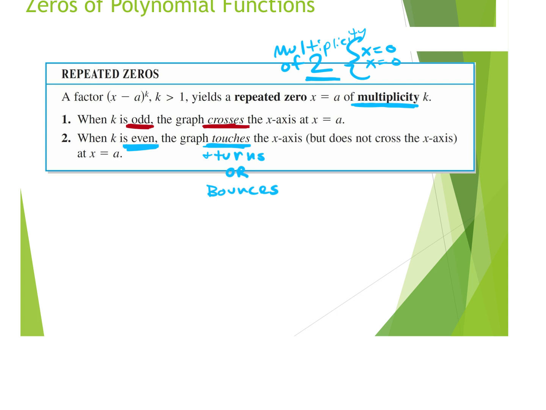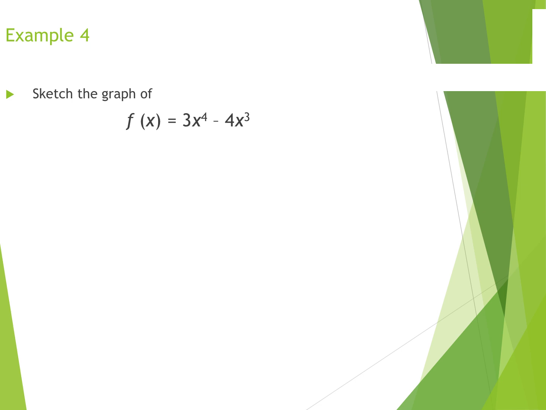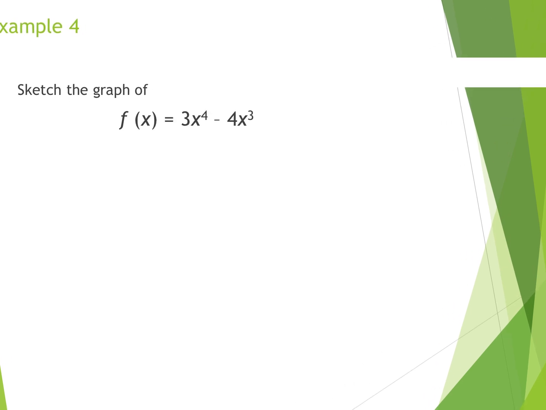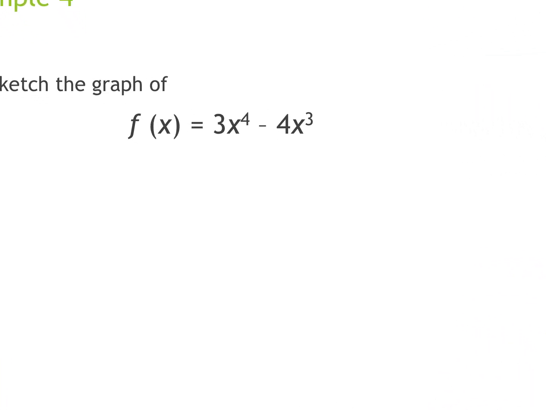So let's go back to that last example and let's graph it. All right, let's look at example 4. We're going to do the same thing. We want to sketch our graph. So let's find our end behavior first.